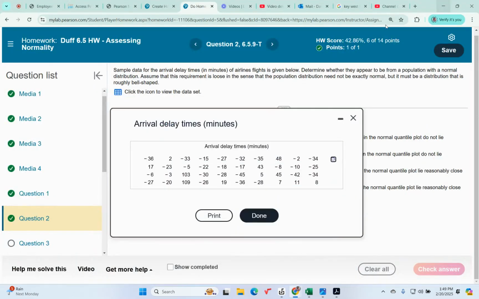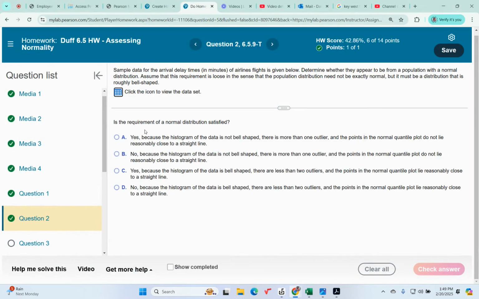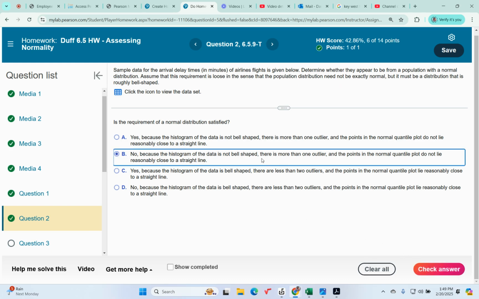So when you go back to the question, it wants to know, is the requirement of a normal distribution satisfied? And it definitely is not. It is not bell-shaped. There's more than one outlier. I mean, we didn't formally go through the process of establishing whether there's an outlier or not.